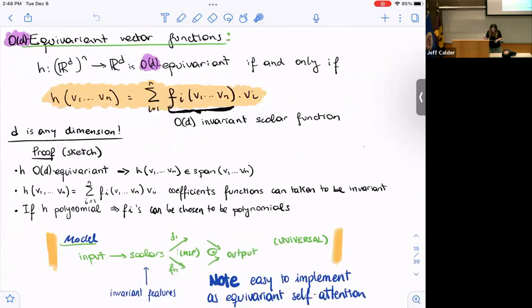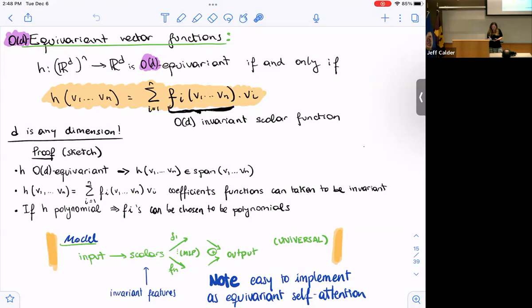Okay. So from here, we can parameterize the space of equivariant vector functions, since you can prove that you can write them in this form.